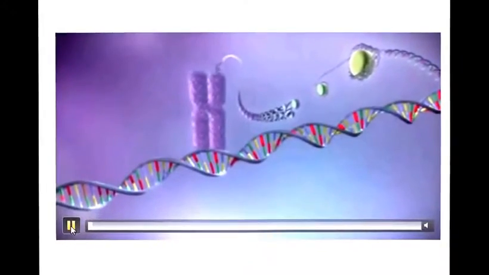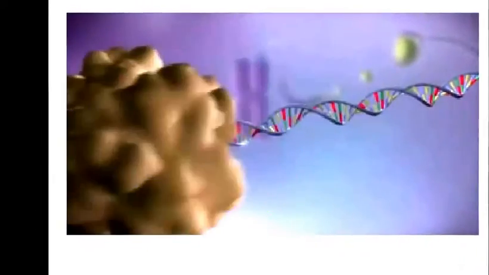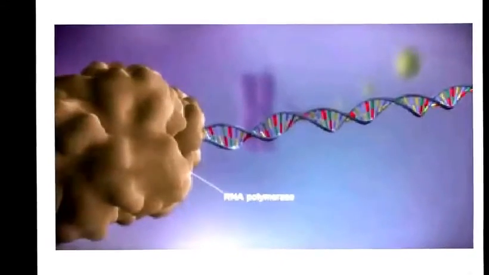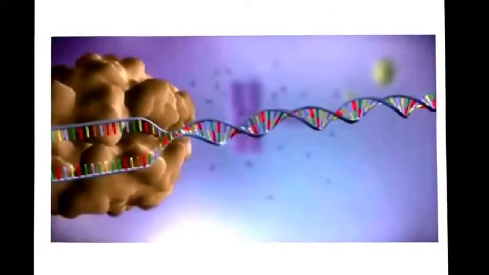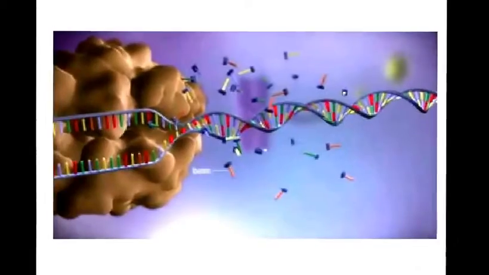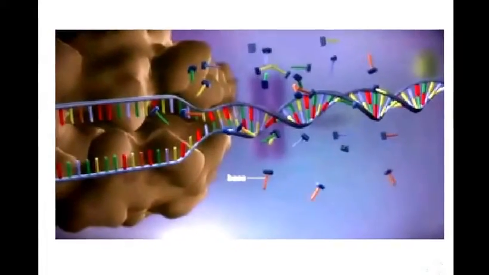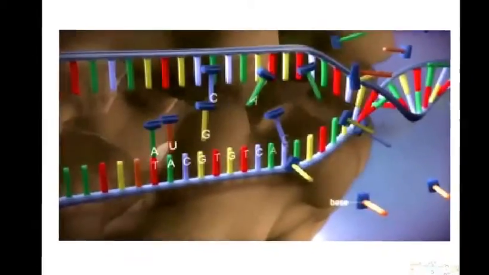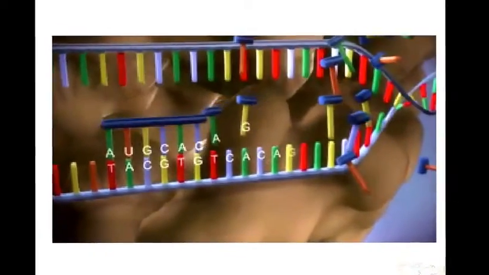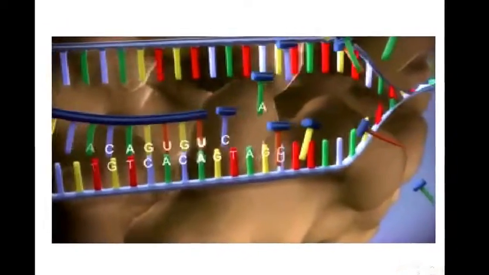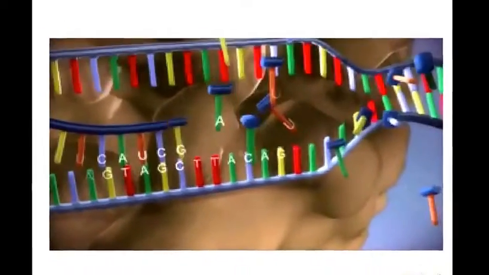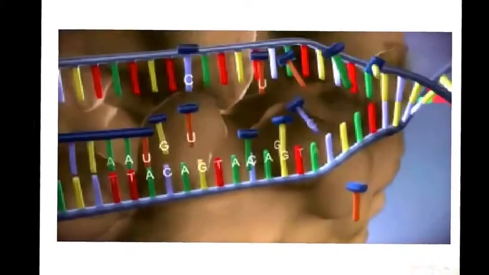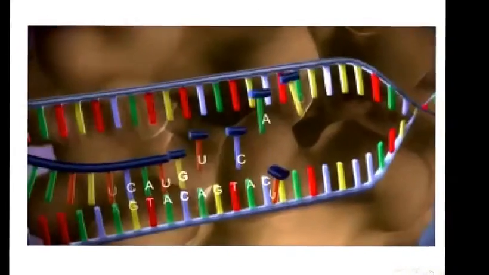When a gene is switched on, an enzyme called the RNA polymerase attaches to the start of the gene. Now, it moves along the DNA, making a strand of mRNA out of the free bases in the nucleus. The DNA code determines the order in which the free bases are added to the mRNA, and this process is called transcription.